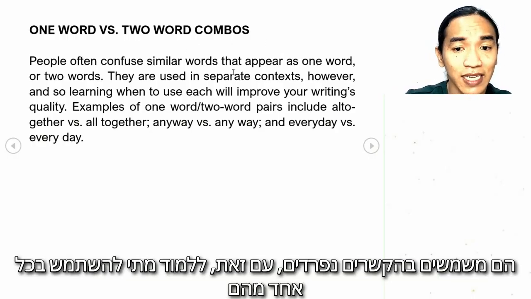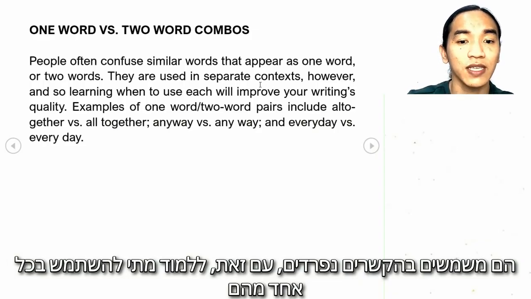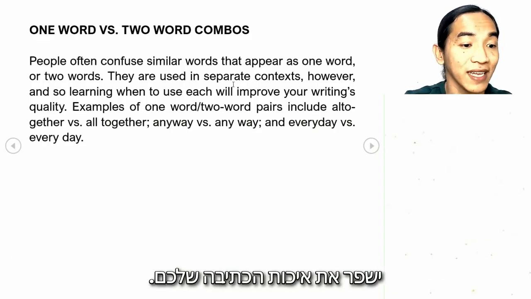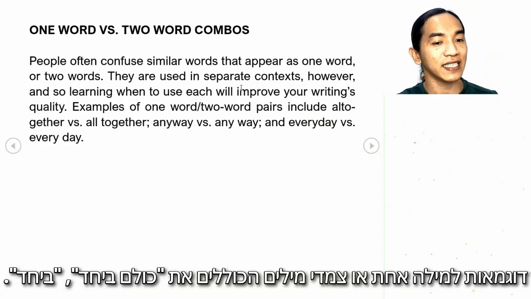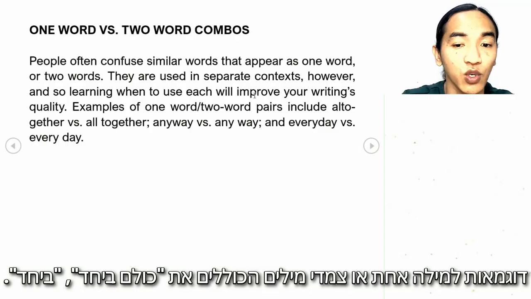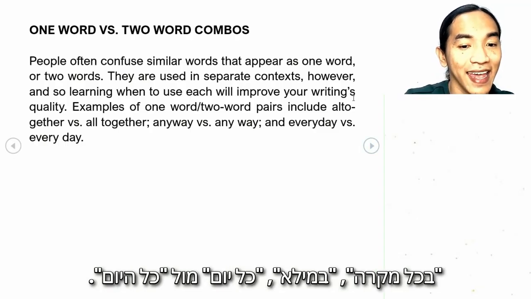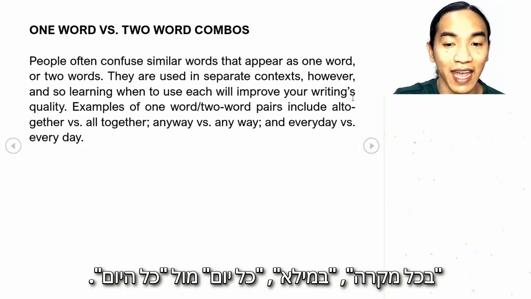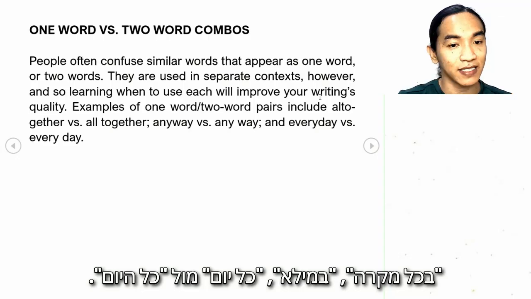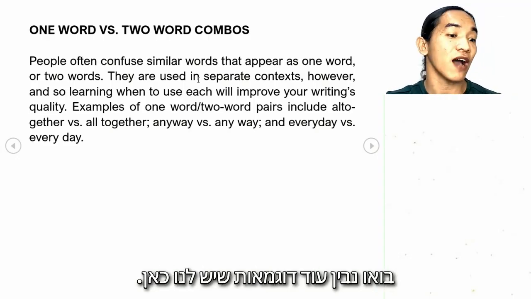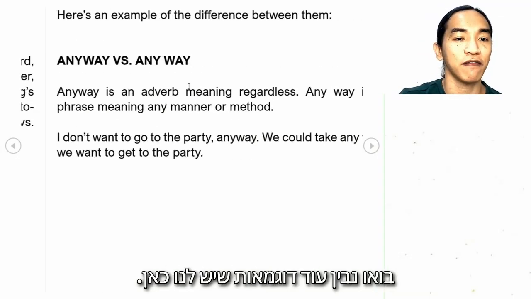They are used in separate contexts, however, and so learning when to use each will improve your writing's quality. Examples of one word or two word pairs include altogether versus all together, anyway versus any way, and everyday versus every day. Let's figure out more examples that we have here.